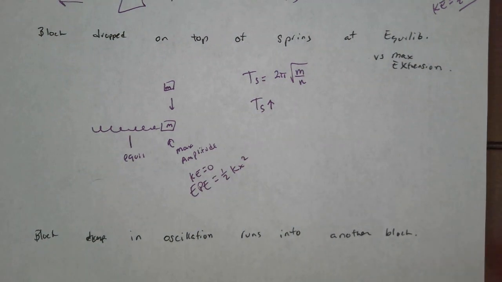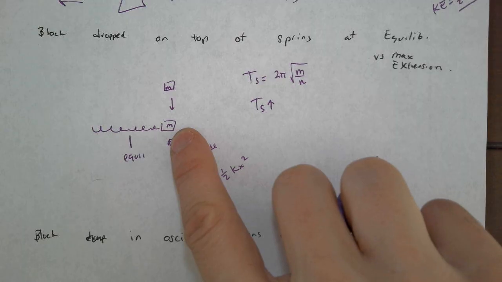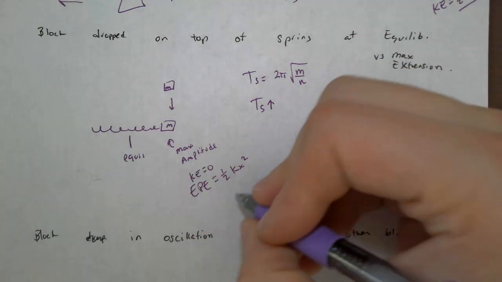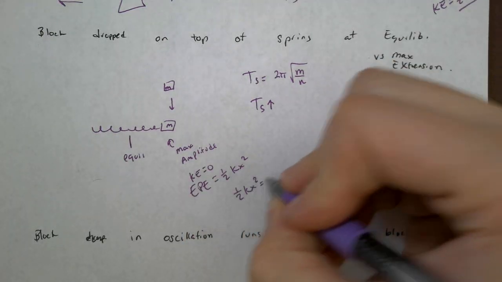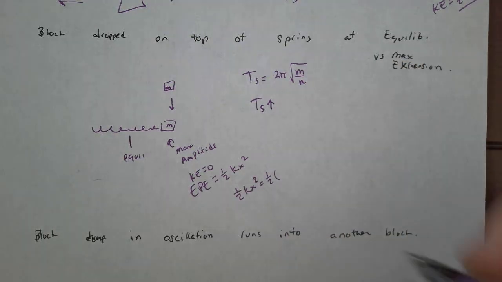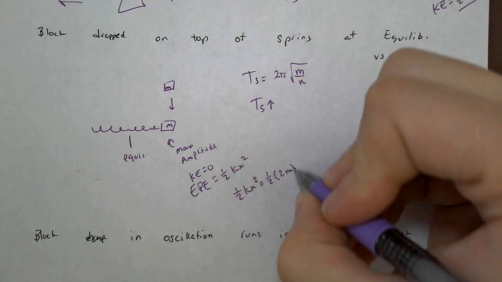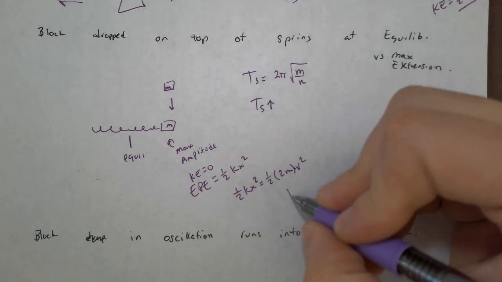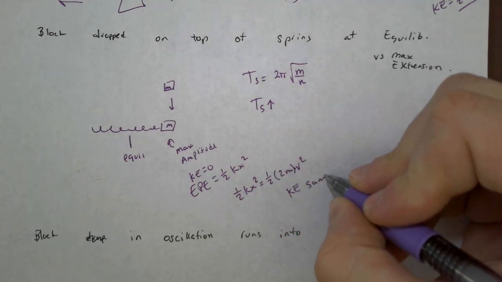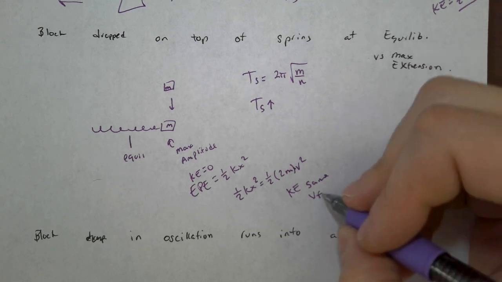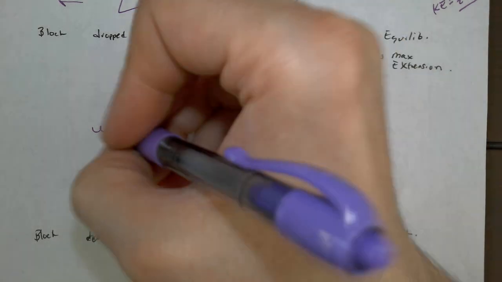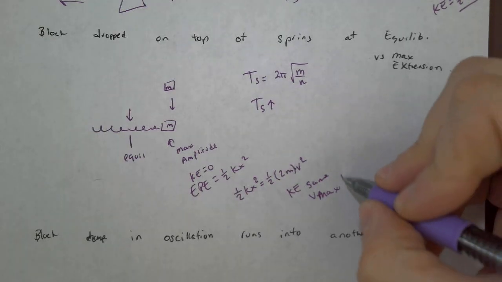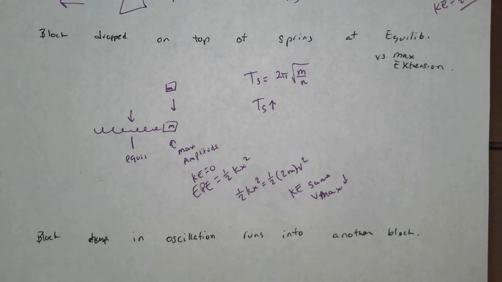So according to AP, because all we have is elastic potential energy, then dropping another block on there wouldn't change that. And that 1/2 kx squared will equal 1/2, not mv squared, but it would be 2mv squared. So because we've added more mass, the kinetic energy stays the same, but the velocity final, or the max, we'll go with max, when we do get to equilibrium, will be smaller, probably by like the square root of 2 because we've got a 2m here.